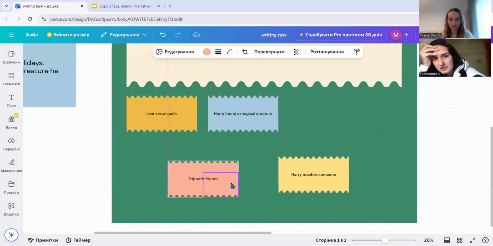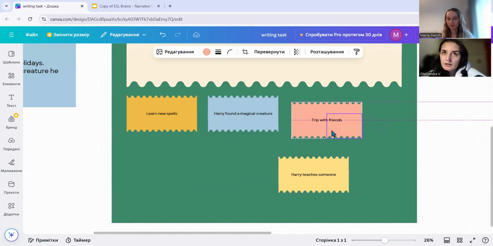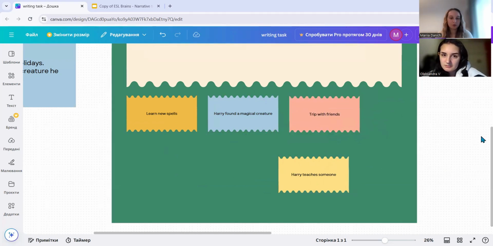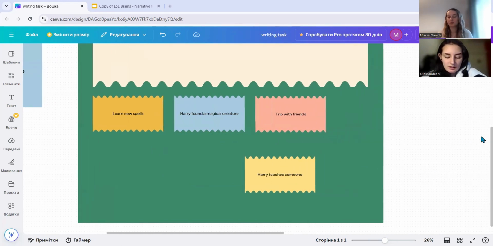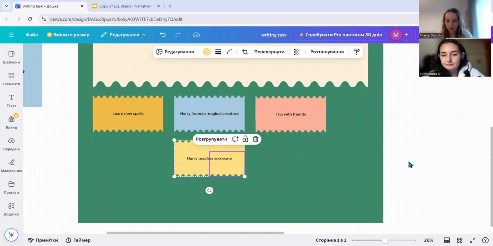And after that, actually, the trip with friends, because he had told friends about the creature, and they went on the trip. And after that, when they come back, Harry starts to teach the students in Hogwarts. Okay, so that would be the last one.